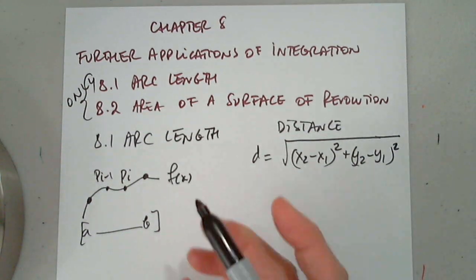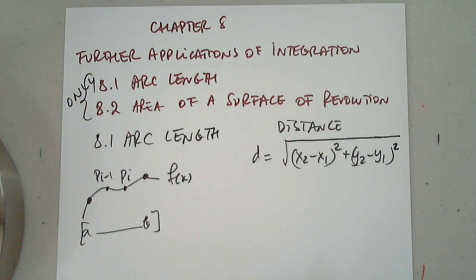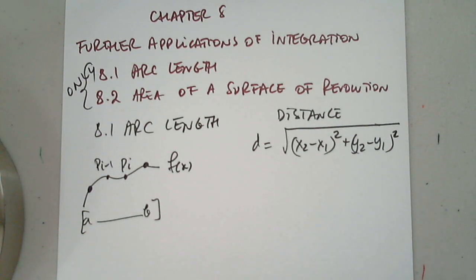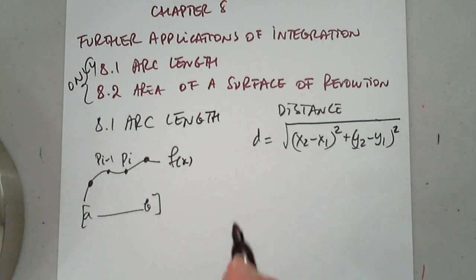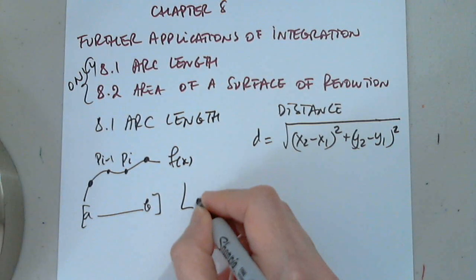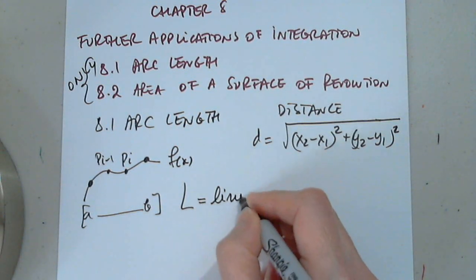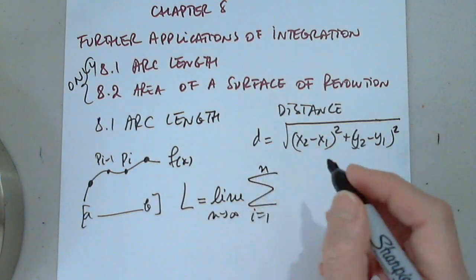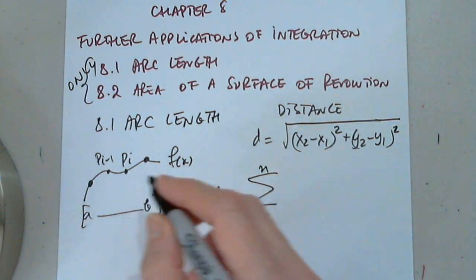So as we've done with areas, definite integrals, and volumes, we're going to do the same thing here. The arc length is the limit as n approaches infinity of the sum from i equals 1 through n of all these tiny little distances.